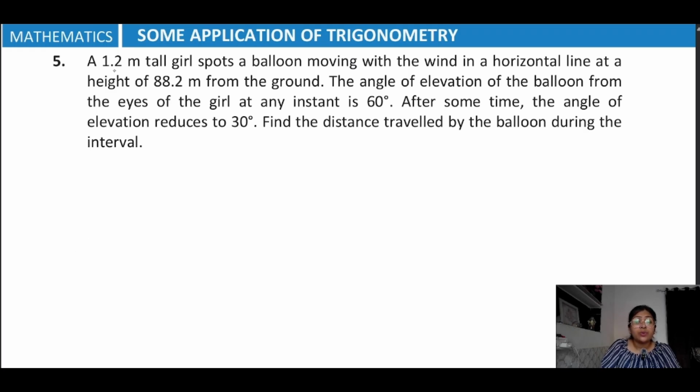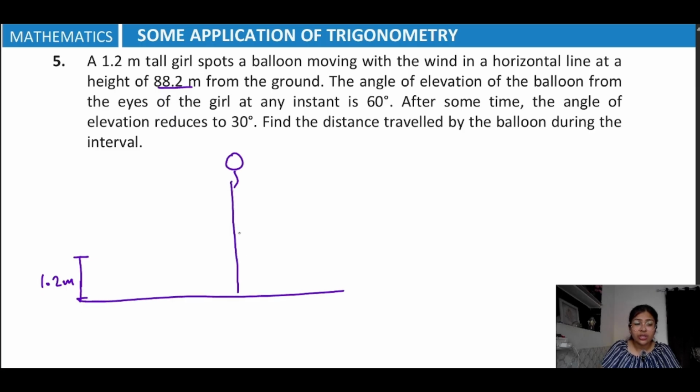A 1.2 meter tall girl spots a balloon moving with the wind in a horizontal line at a height of 88.2 meter from the ground. Okay, this is a balloon flying at a height, how much? 88.2. So it is going to be how much? 87.